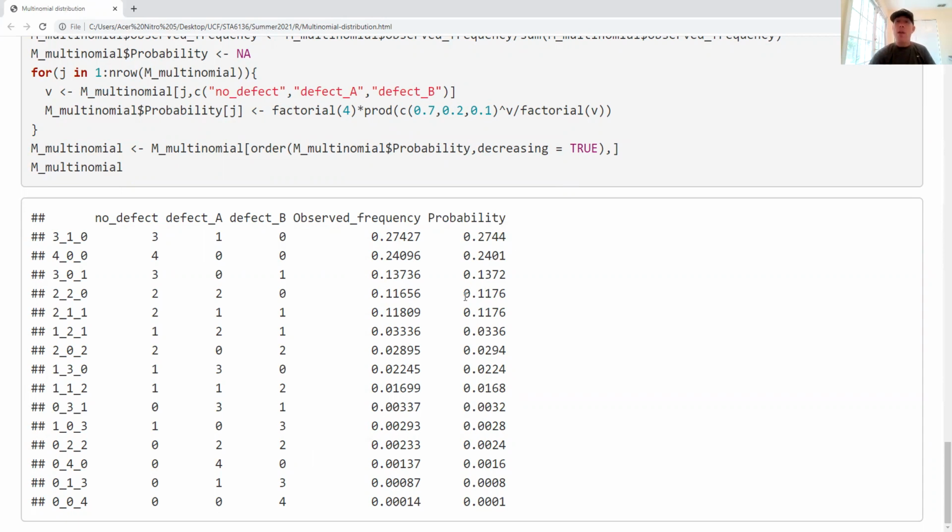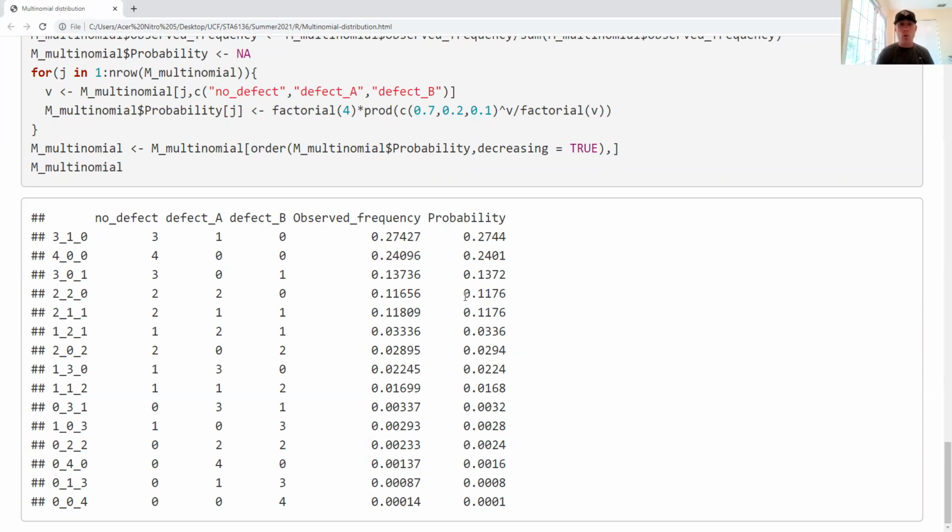They're very close. Now there's something surprising in this. You'll notice that intuitively, if it's 70% no defect, that is the largest probability of a particular outcome, so I naively expected 4 no defects to be the most frequent observation.